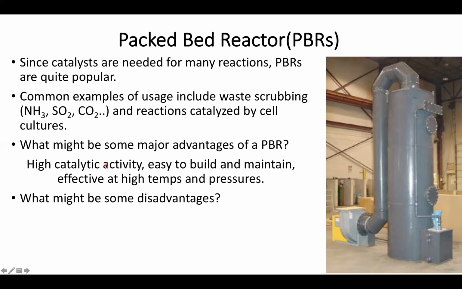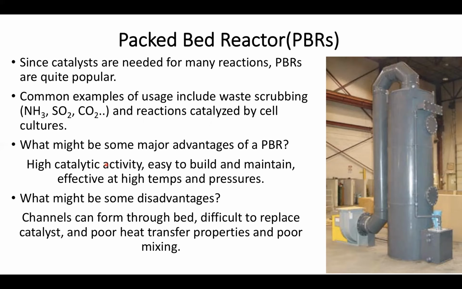One of the biggest things that can happen is you can end up having a certain amount of heterogeneity form, especially the longer you run the reaction. This often forms as channels through your bed, where once you start to form a channel, your reactant is going to preferentially follow a certain path, which means it's not interacting with the catalyst.